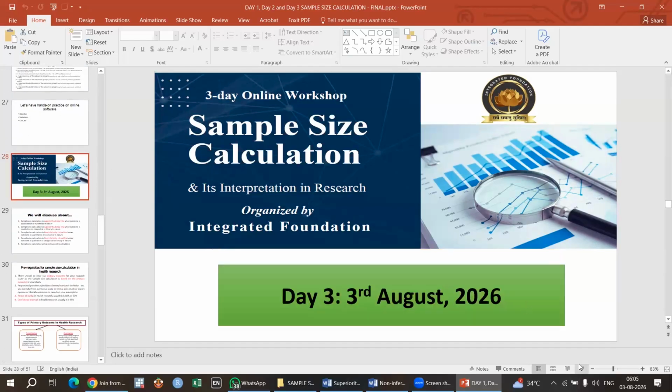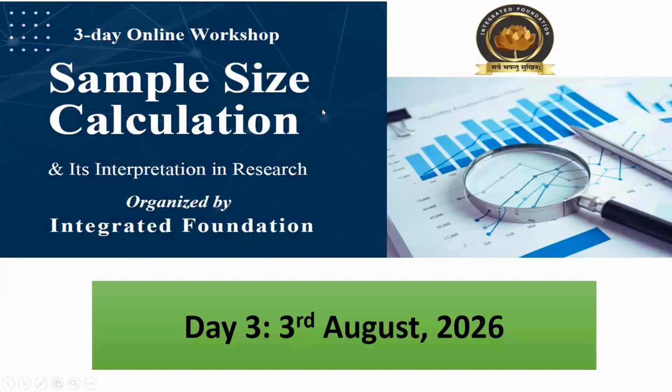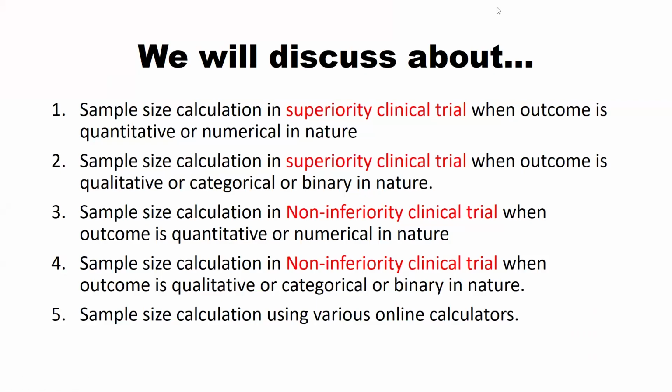So today we will discuss sample size calculation in superiority clinical trial when the type of outcome is numerical or quantitative. Basically, we have two types of outcome: numerical or quantitative, and qualitative or categorical or binary.